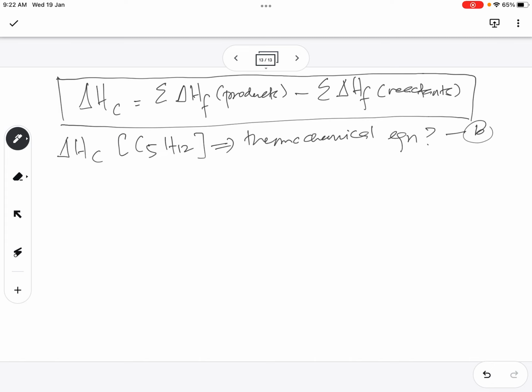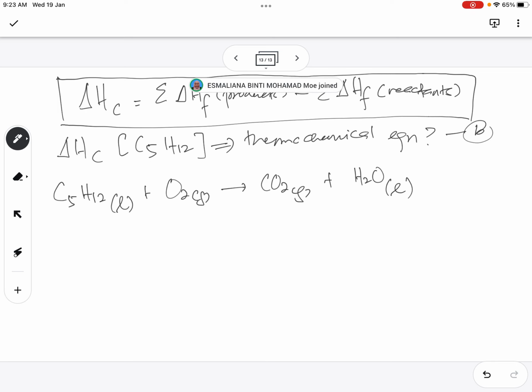Okay. So we write the equation C5H12 liquid plus O2. Combustion mesti ada gas, must have gas, that is oxygen. And then we have CO2 gas and we have H2O liquid. And this is what we need to find, the question 1.